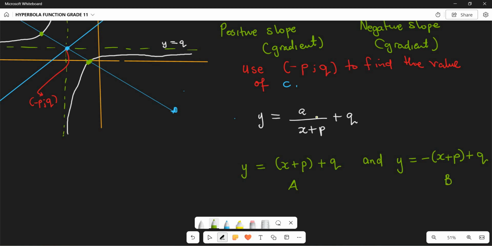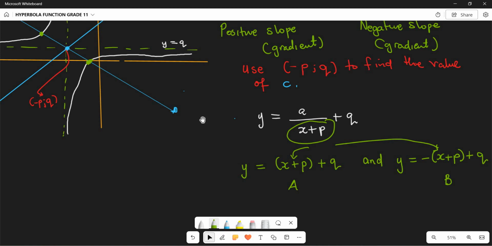So here you don't need the coordinate to find C. As long as you know your P and Q, then you are done. Just take it as it is from the equation. So this, there, and there, those are the axes of symmetry.